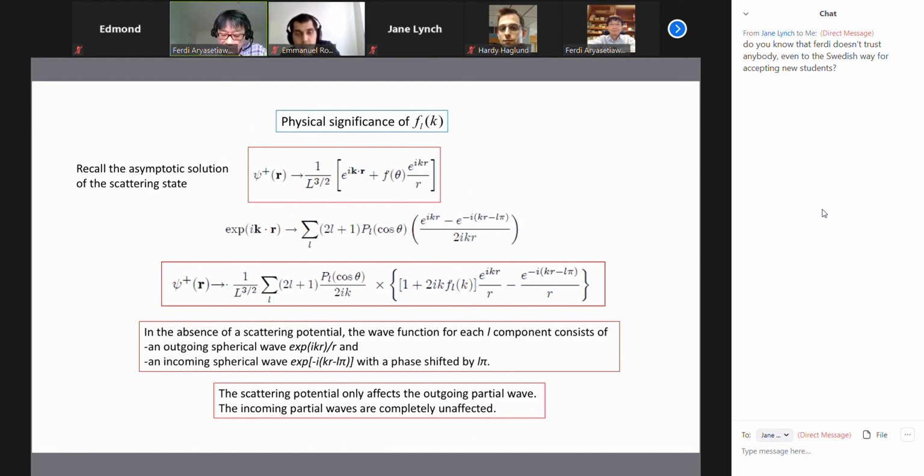So we have derived before that the scattering state is given by this expression here. So we have the incoming plane wave and a spherical wave. So f theta here is just the f k. So we know that it depends only on the angle between the two vectors.